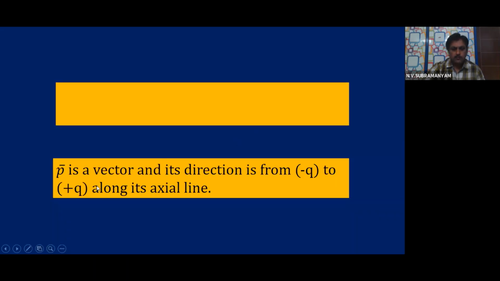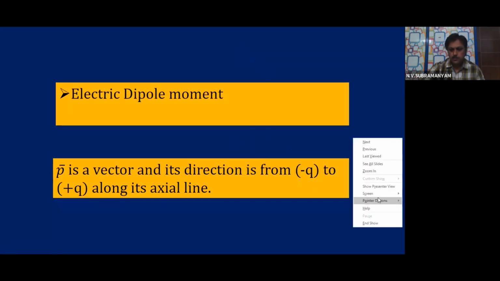And what is the direction of P bar? It is a vector and its direction is from minus q to plus q along the axial line. That means, please remember carefully, all of you: plus q, minus q, two charges. This is the dipole axis.